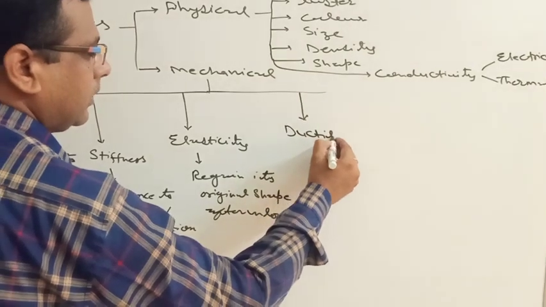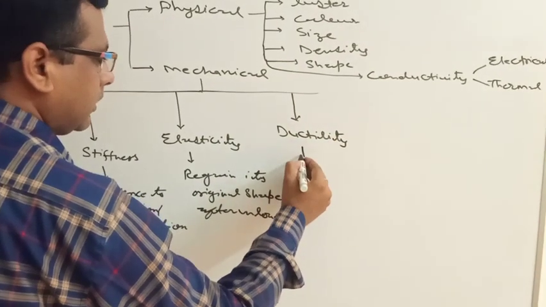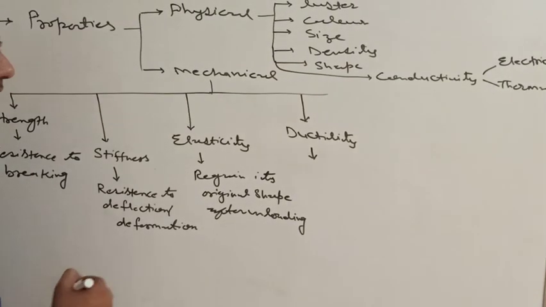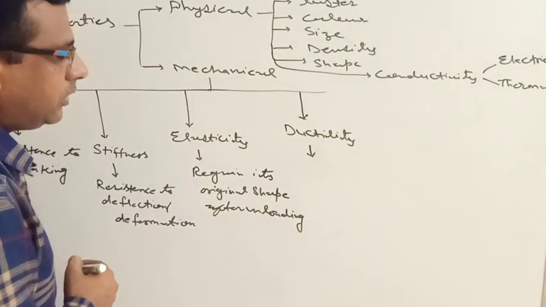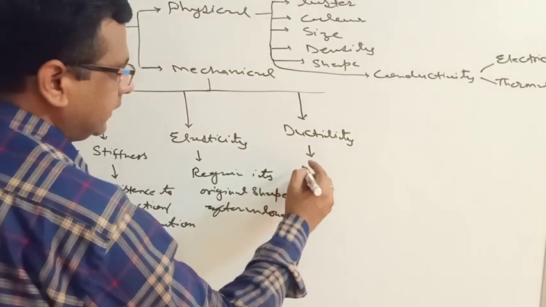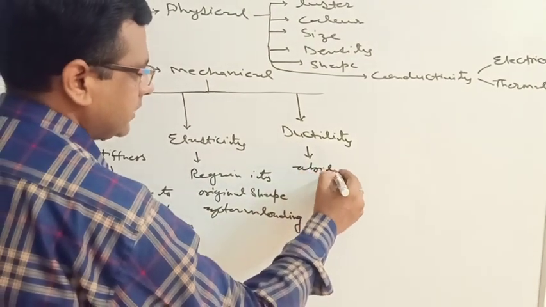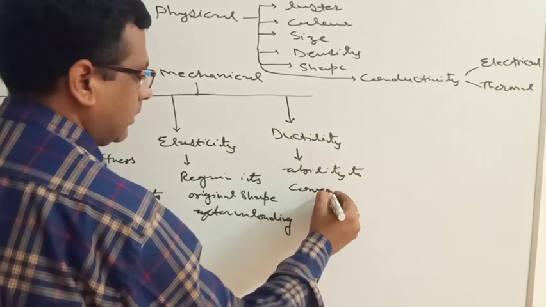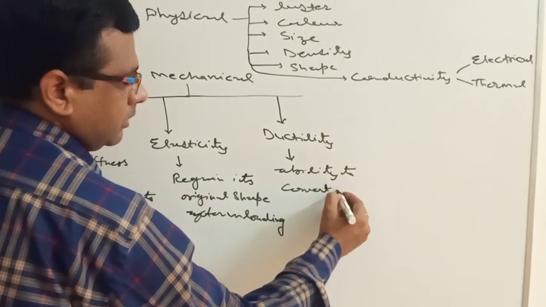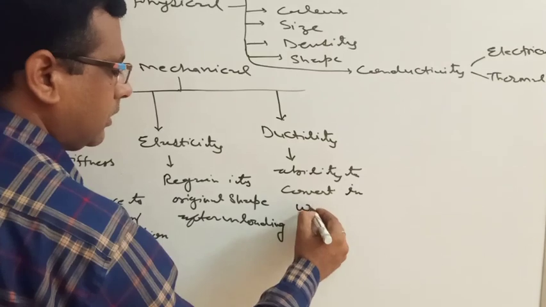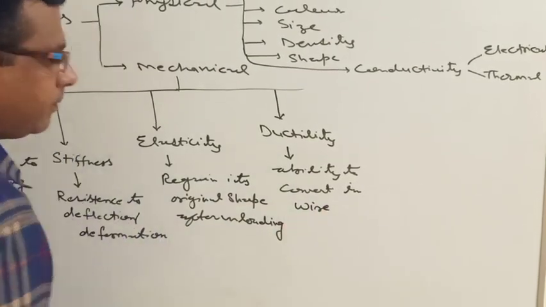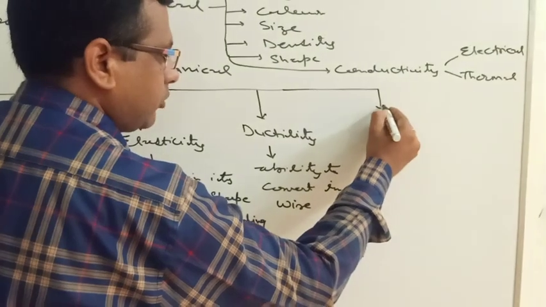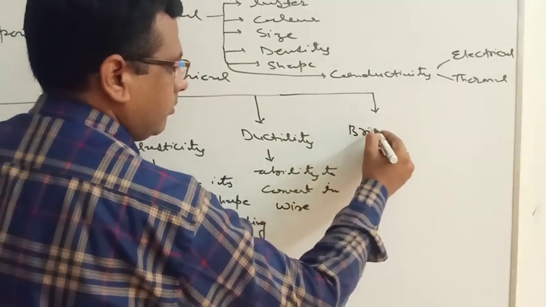Ductility. It is also a property of a material, in which the material can be drawn in the form of a wire. It is the ability to be converted into wire. The next property is brittleness.